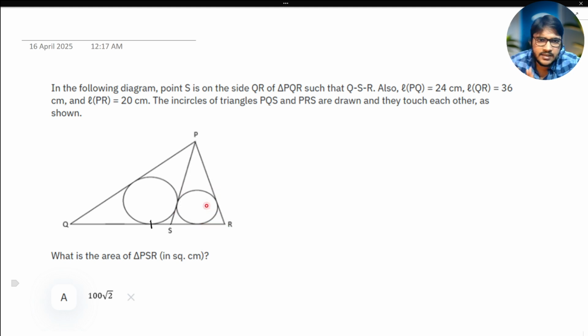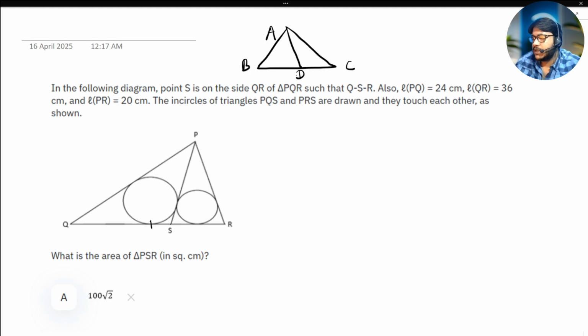Now, what is it that we will be using in this question? So I have taught you in this class that this is going to be the classic case of a triangle and the cevians. Okay, so suppose ABC is a triangle in which, let's say, AD is a cevian. A cevian is basically a line from the vertex to the other side. Okay, if it bisects the other side, we call it a median, but this is not doing anything like that.